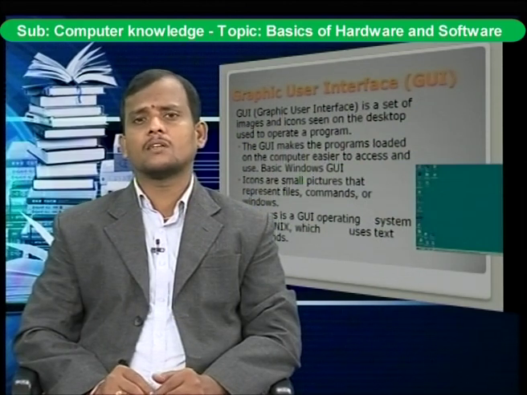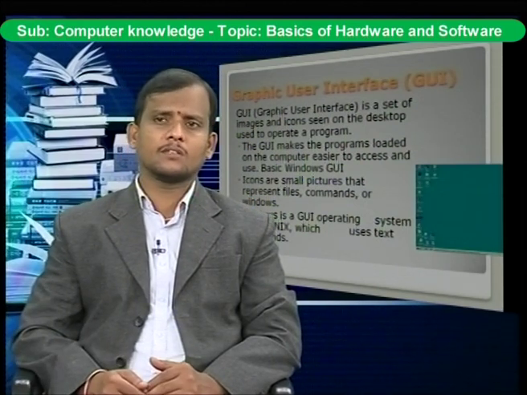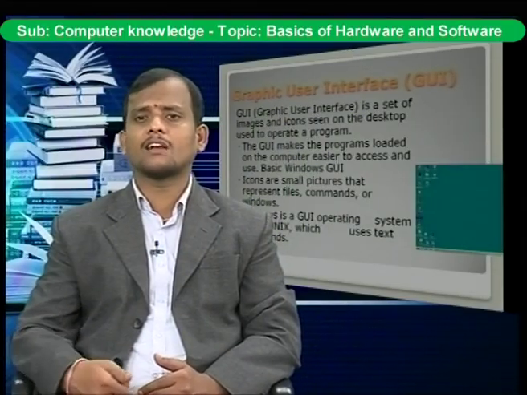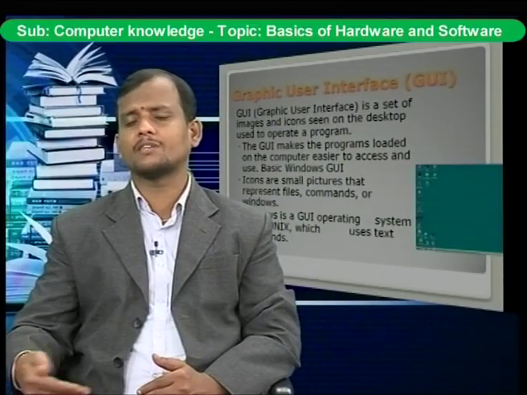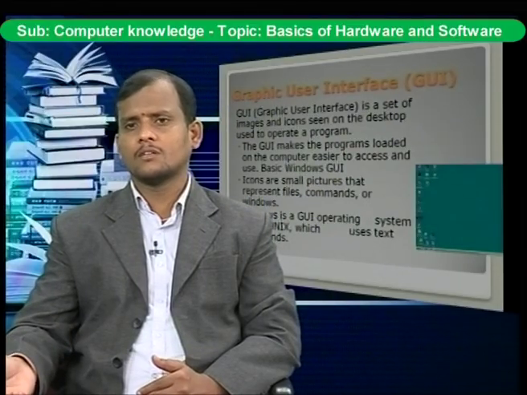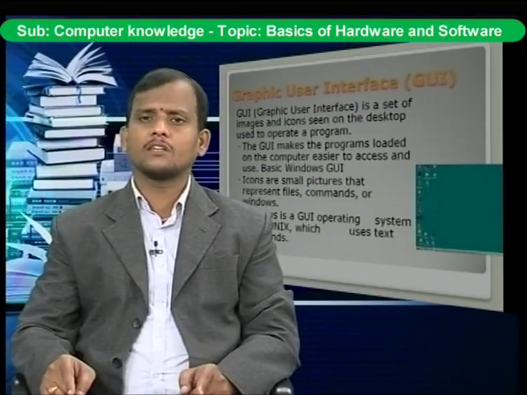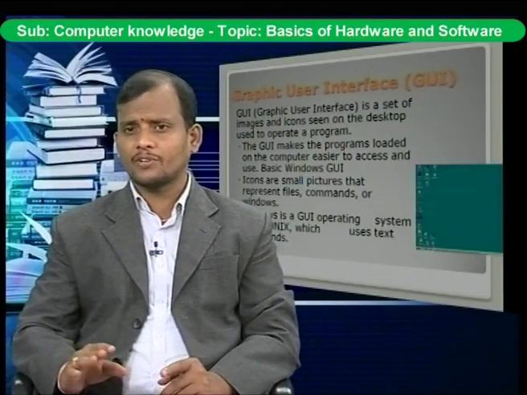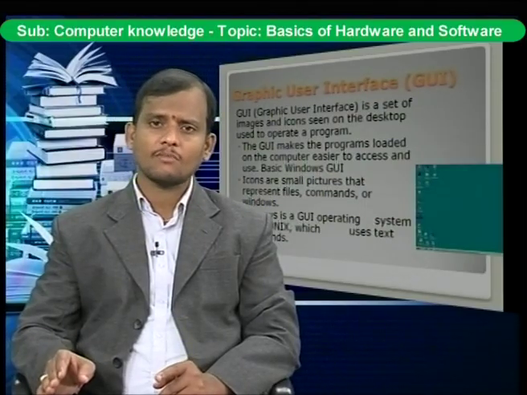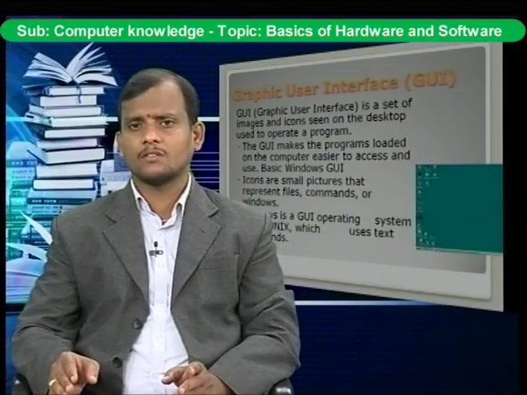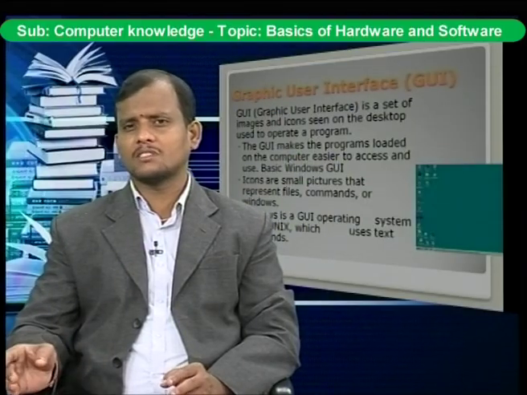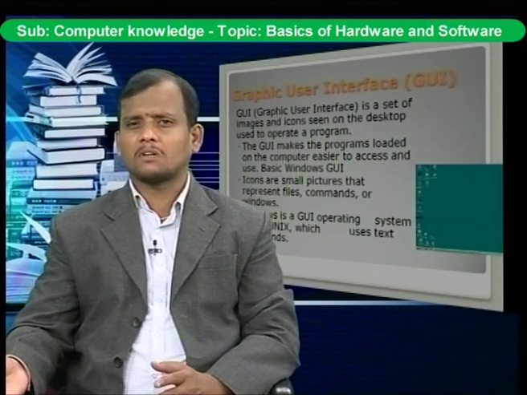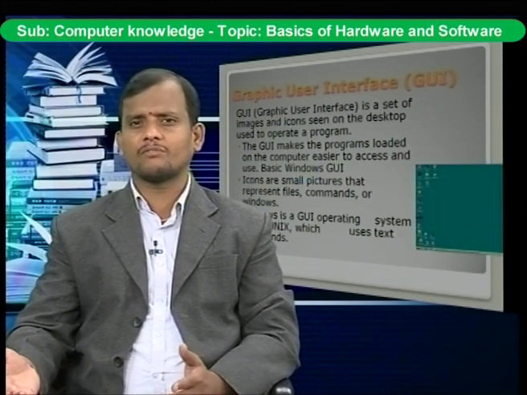It is the interface using which we can instruct or browse the computer, or give commands to the computer, right? The screen you are seeing is a desktop. Whatever you can see on the desktop is called icons. Each icon represents one file, one picture, one command, or software.